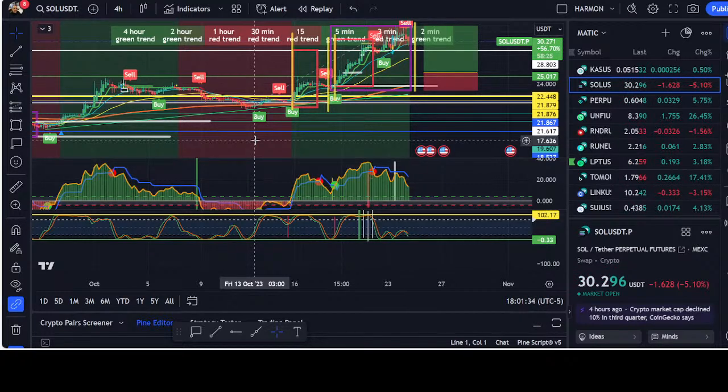So if you're doing 4 hour trades, you need a 4 hour moon. You need the basic 4 hour moon with the RSI with price action going positive volume. So moon, RSI, price action going positive volume. The confirmation that it's a great trade is 2 hour and 4 hour green trends.